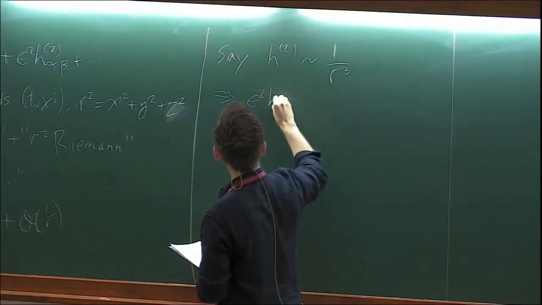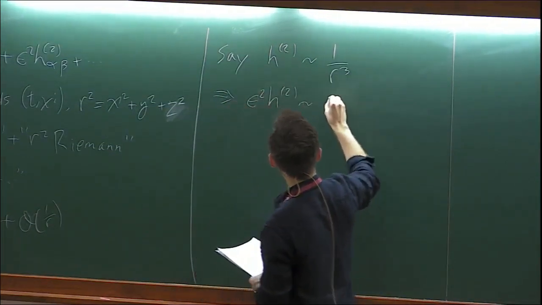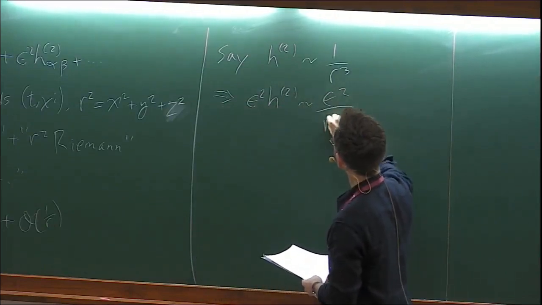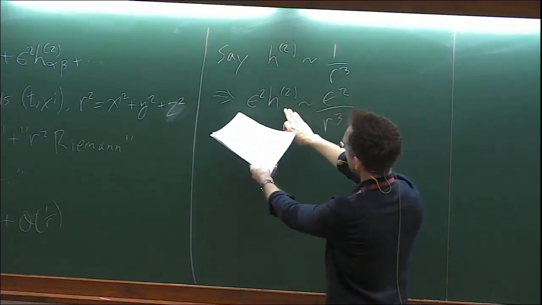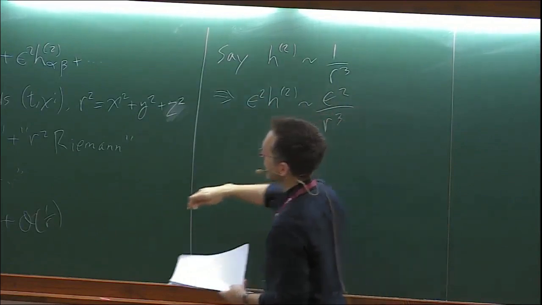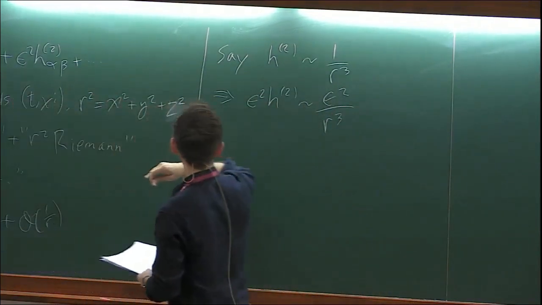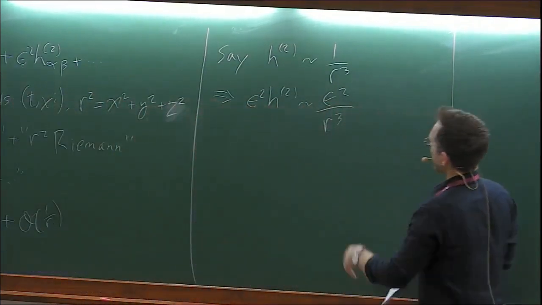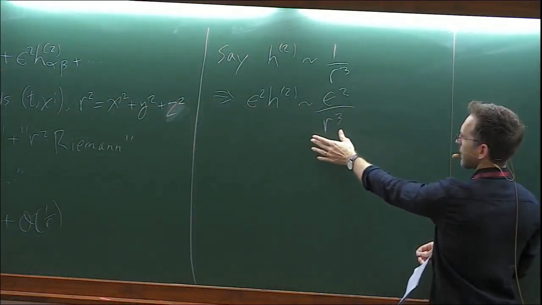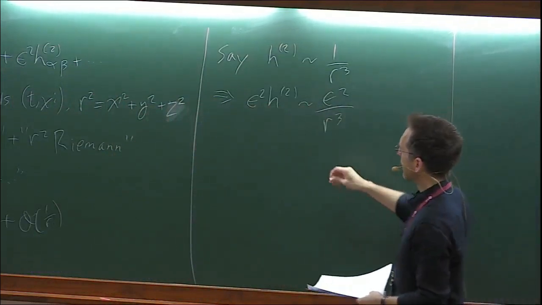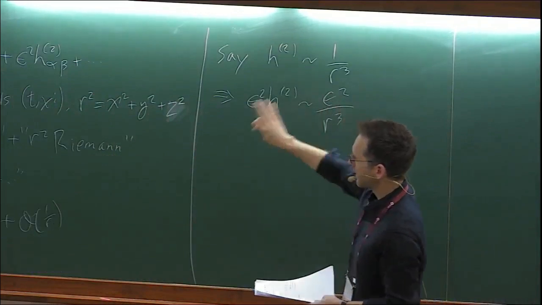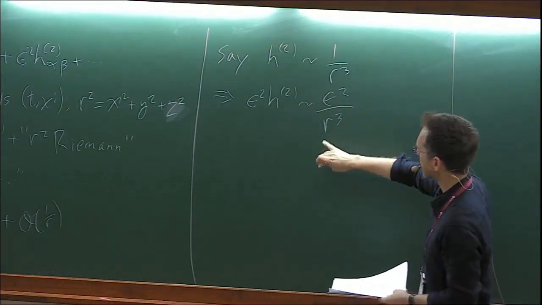Then we have epsilon squared h2 is epsilon squared over r cubed. So this is the term, the full term in the metric. Always has the epsilon squared next to it. But this is using the unscaled outer coordinates. But it has to match something in the inner expansion if we write it in terms of scaled coordinates.